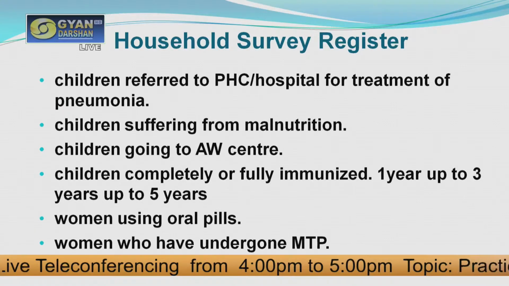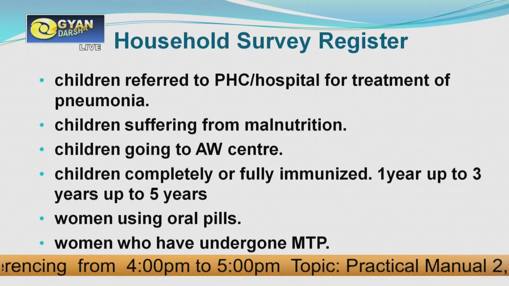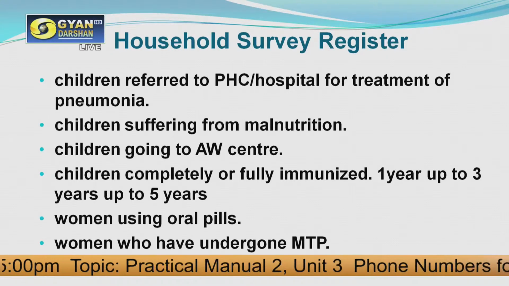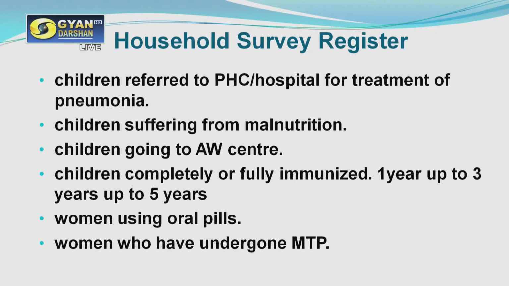Then also record the children referred to the PHC or hospital for treatment of pneumonia, children suffering from malnutrition, children going to Anganwadi centers, and children completely or fully immunized from 1 year up to 3 years or up to 5 years of age, as per the information collected per household.